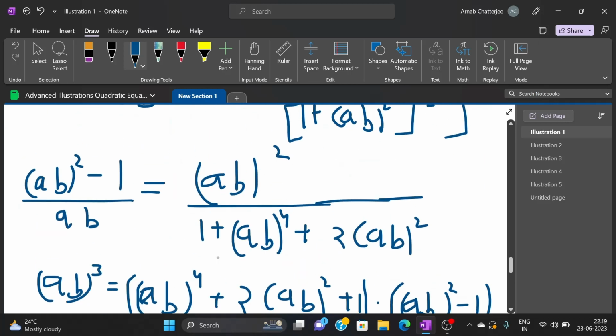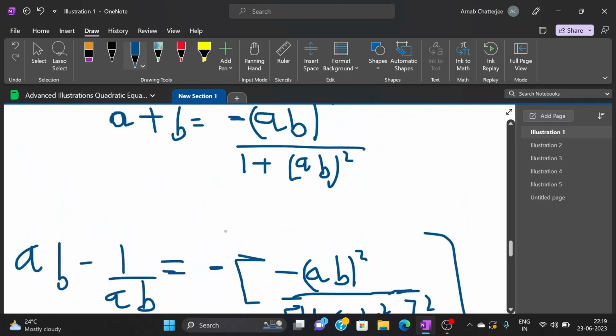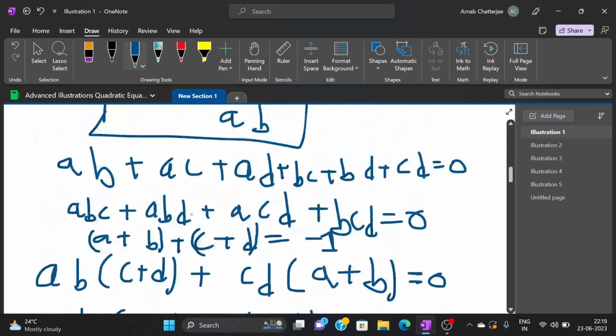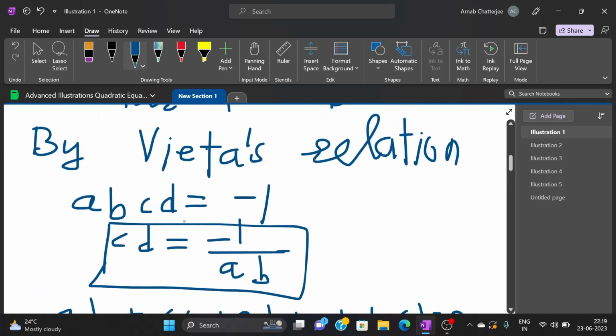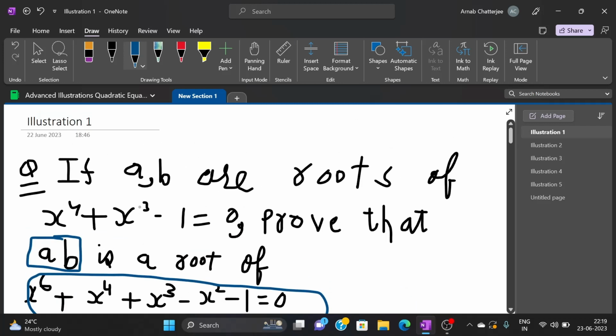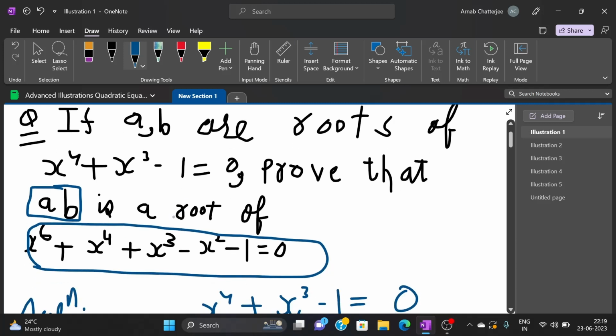So how beautiful this problem was. Really a beautiful problem on Vieta's relations generating A into B. This is a very important concept, especially for JEE. They use Vieta's relations a lot, and there could have been many variations on this problem.